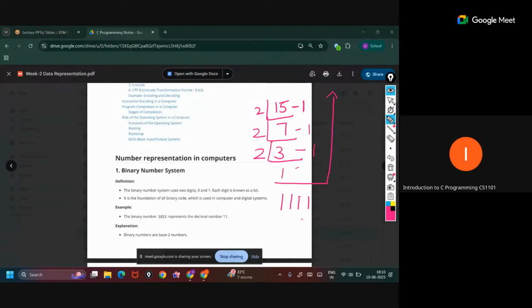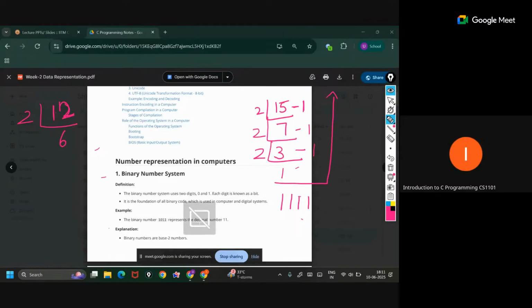Okay. Similarly, let me take 12 here. So what is the value of 12? First divided by 2. What is the quotient? 6, right? 6 twos are 12. What is the remainder value? 0. Okay.